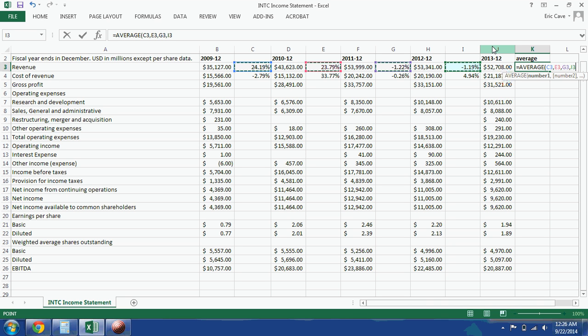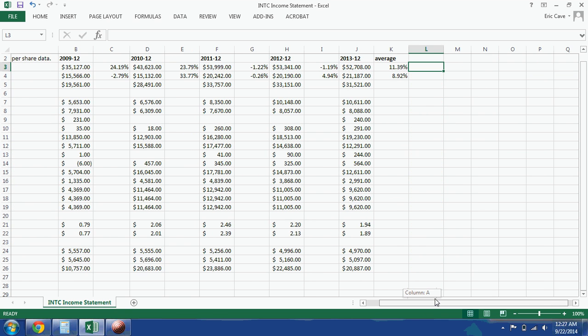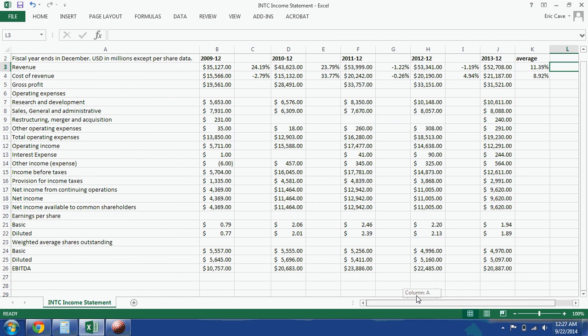So I use the average formula, copy that over, and I have an average of about 11% per year over the last 5 years. Do the same thing for that. My growth rate is actually from 4 numbers that I'm using here, but I have 5 years of financials. So those are my average growth rates for both of those.